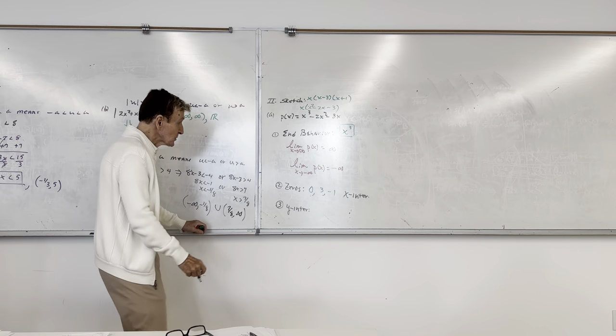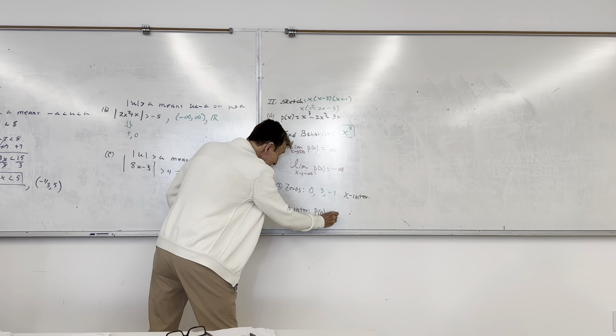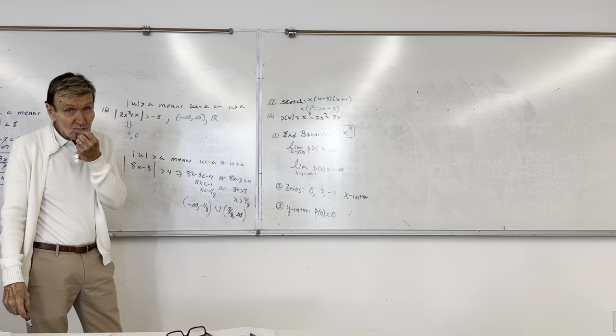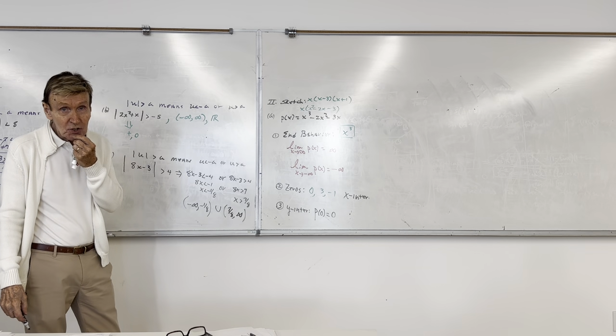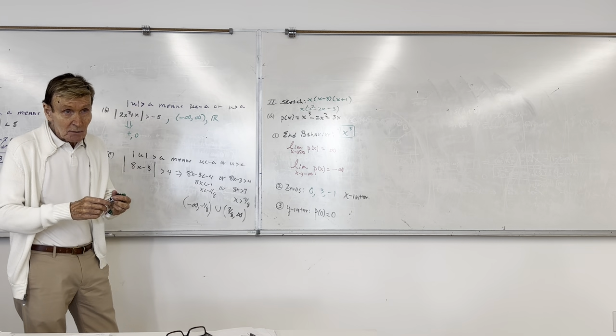To find it, you go back to your function, replace all the x's by 0, in other words, p of 0, and in this case, replacing all those x's by 0, you get 0. So I think I have enough to get a rough sketch of this graph without sign analysis, based on what I see here.